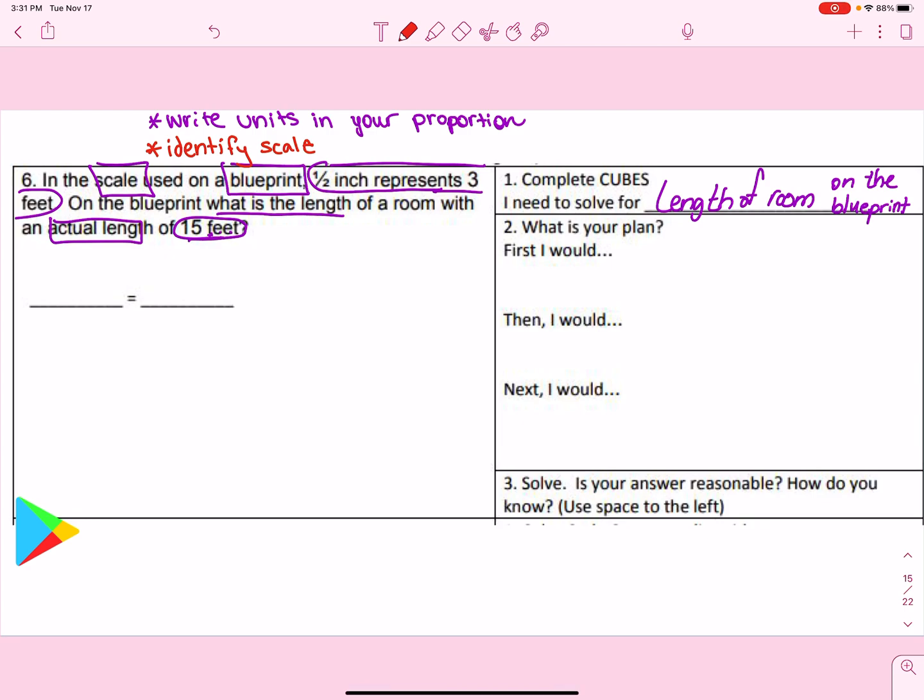I highly recommend that you put that on the left side of your proportion. So put your scale down first. So our scale here is 1/2 of an inch represents 3 feet. That is my scale. So the first thing that we're going to do there is identify the scale.